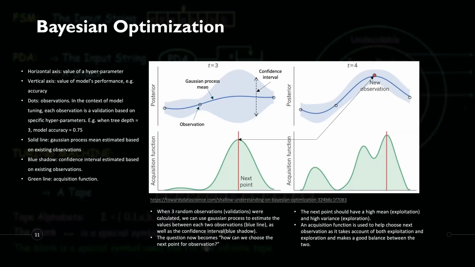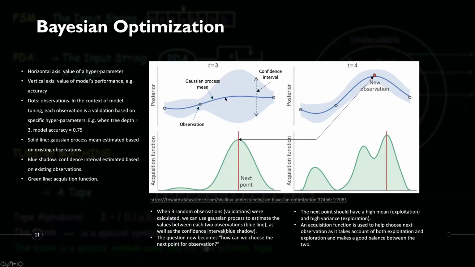How can we balance it? We would use what is called an acquisition function to make a good balance between exploitation and exploration, which I wouldn't dive into in detail. The green area, or green noise, is the value from the acquisition function.